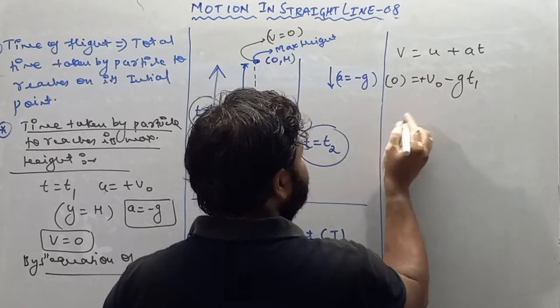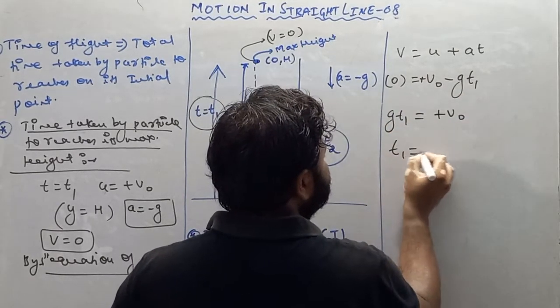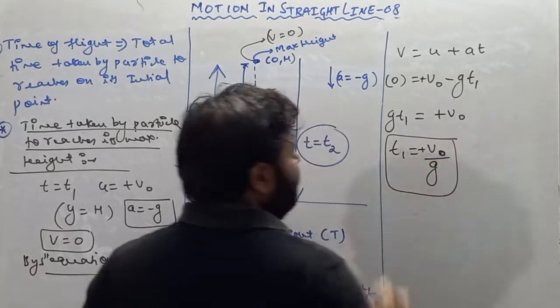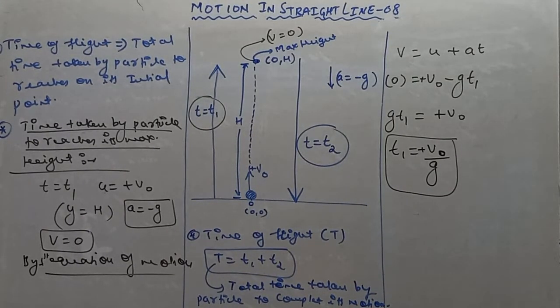So minus gt1 comes this side, so it will be plus gt1, which will be equal to plus v0. So t1 is equal to nothing but v0 by g. This is the value of time taken by the particle to reach its maximum height from ground. I hope you all understand this derivation.